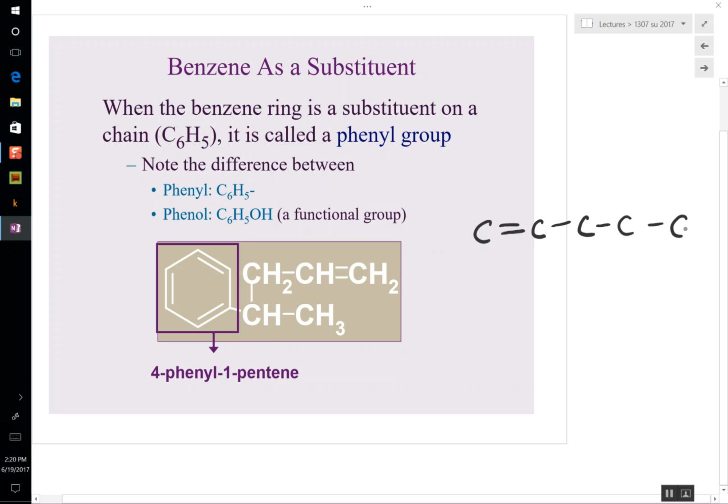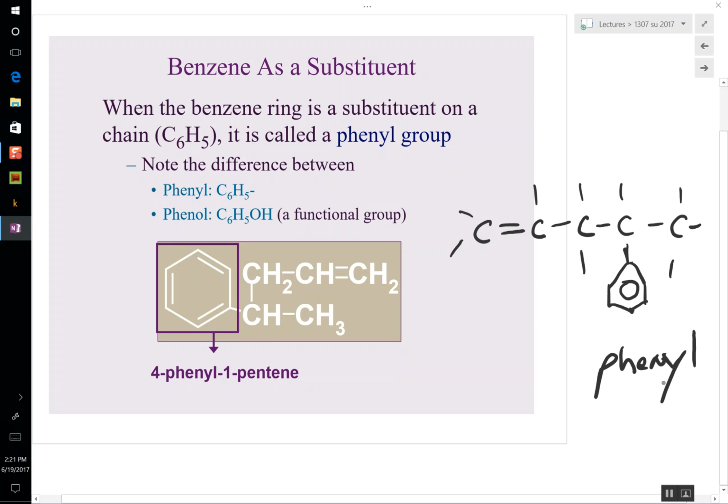I'm just straightening that molecule out. Here's carbon number 3. Right over here, we've got this substituent. So what is that? That is a phenyl group.